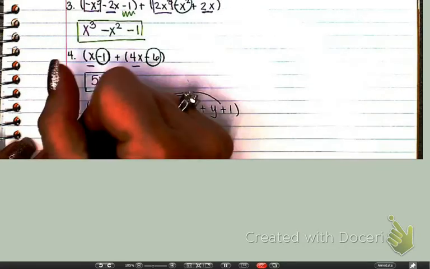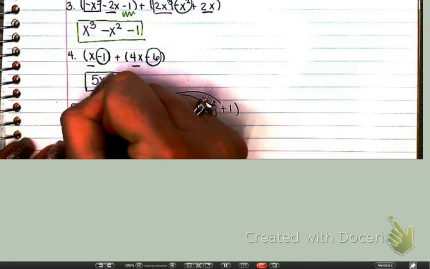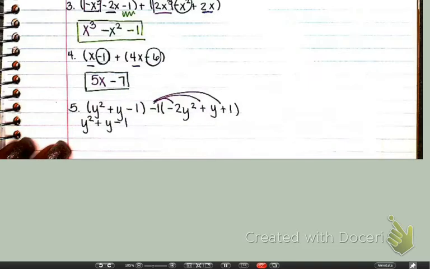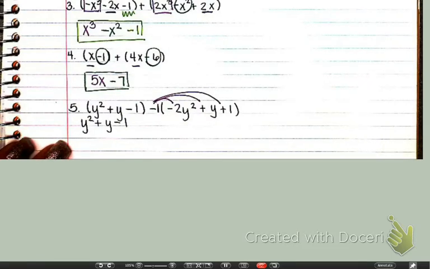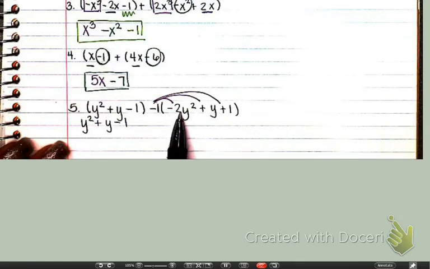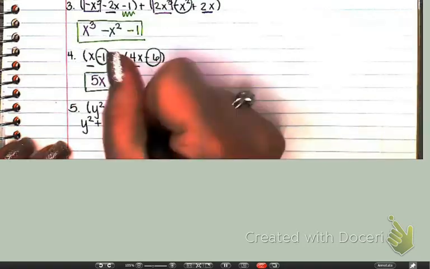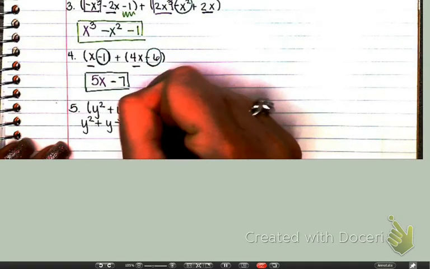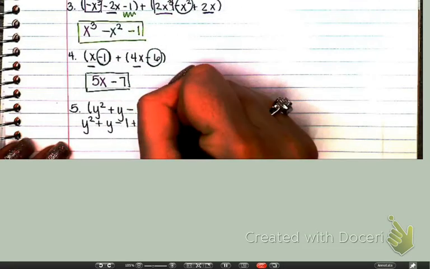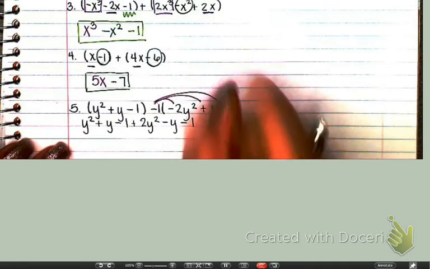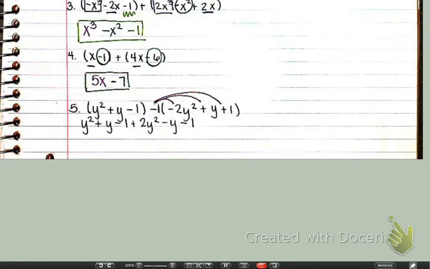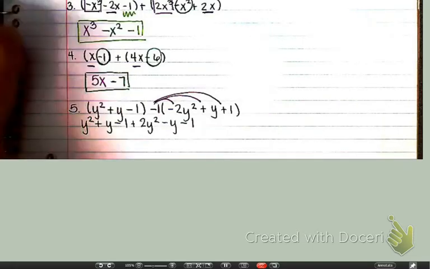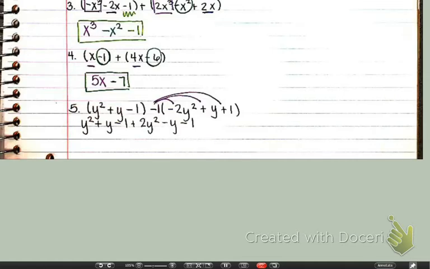Okay, so I'm going to just rewrite y squared plus y minus 1. And then I'm going to distribute. It really is just changing the signs. So it's going to give me a positive 2y squared, a negative y, and a -1. Now I don't have to put parentheses back in, and I'm just going to combine like terms. What is my highest exponent?